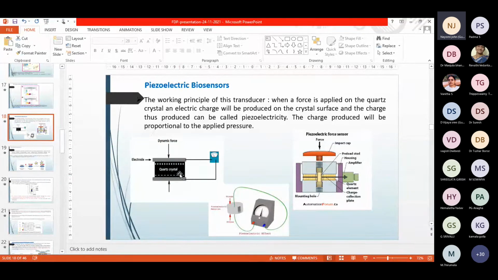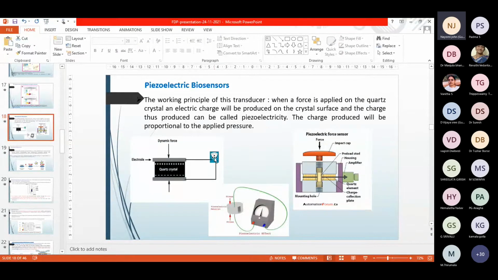As such, it is inert, but by having electrodes on both the sides and using force, this could be any pressure, or that could be any kind of mass difference, or the mass means weight. Weight means analyte. If any analyte is bound, there is a change here with respect to the mass, that also will act as a force which leads to the release of the current. That current, where I am showing the cursor, will be detected.